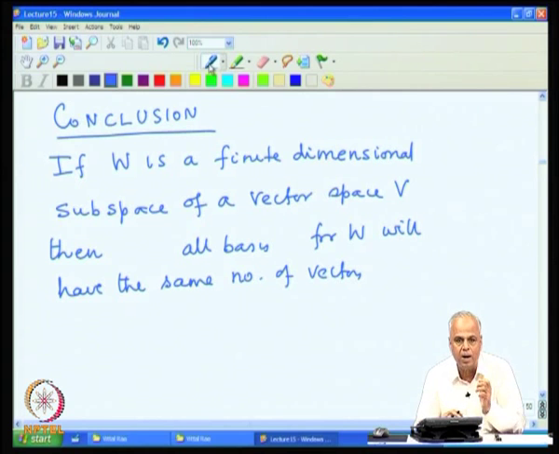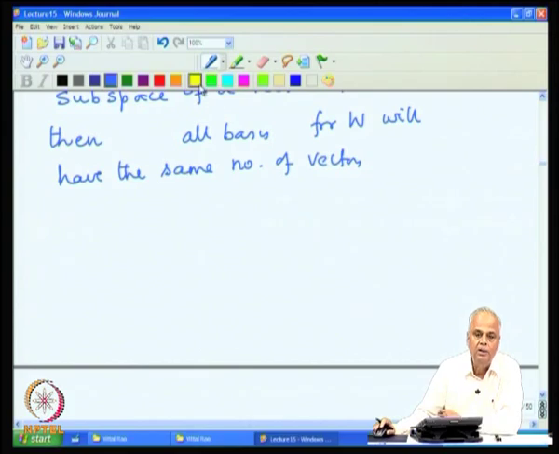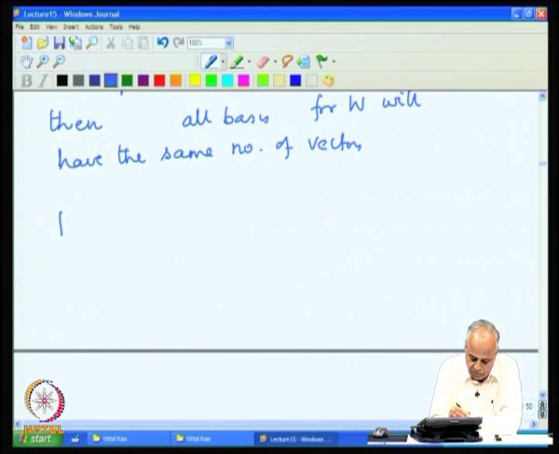So, there is this number which is an invariant for all bases, and this number leads us to the following definition.